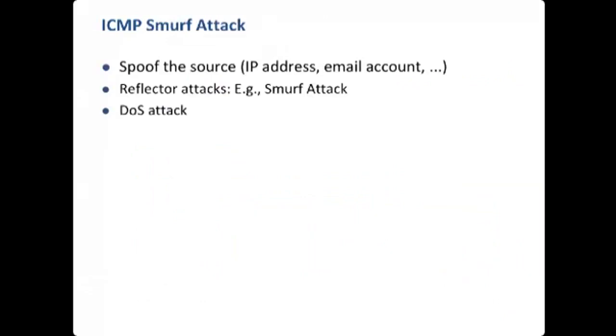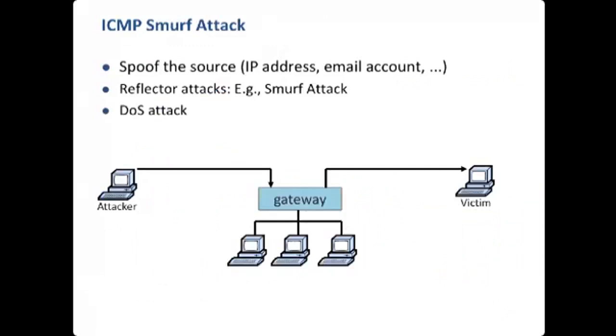Second is the spoofing attack. Now the idea is that the victim's machine should not work, or it should suffer a denial of service attack, a DoS attack. So the attacker can do a smurf attack. It will create a large number of ICMP packets with a spoofed source address. So say, for example, it does ping.